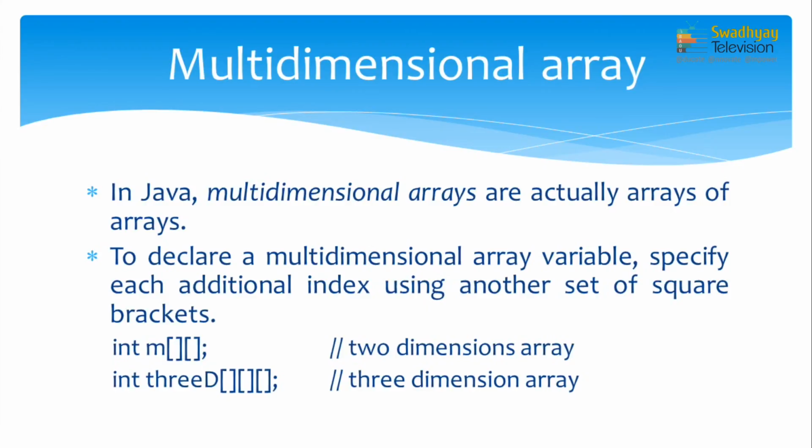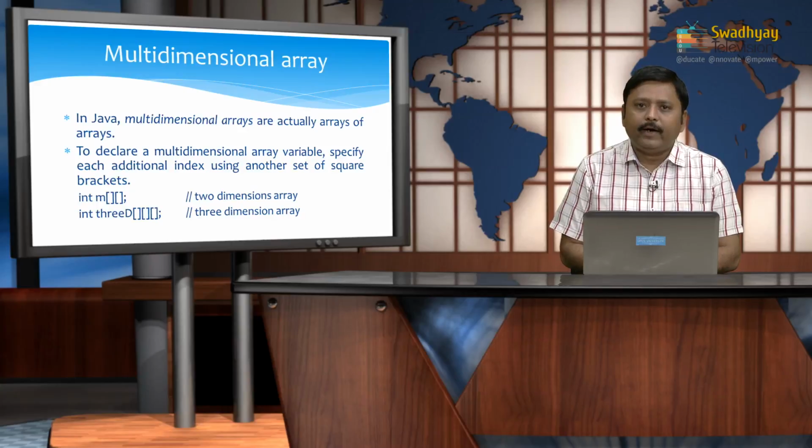Here 2 brackets represent that it is a 2-dimensional array, and suppose we have a group of these two-dimensional arrays, it is called a three-dimensional array, and it can be specified as an integer 3D with 3 square brackets. So, this is how you can declare a multi-dimensional array.